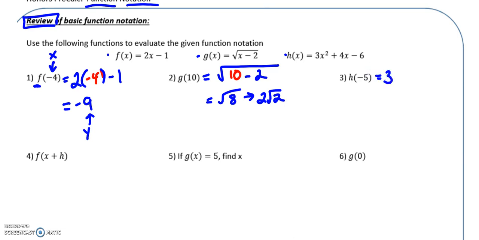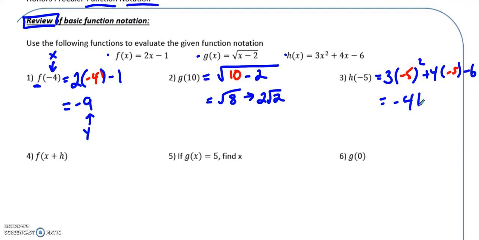We're going to have 3 times something squared plus 4 times something minus 6, and we're just replacing all of those somethings with -5s. I do a little bit of calculation, and my calculator tells me that that is -41.